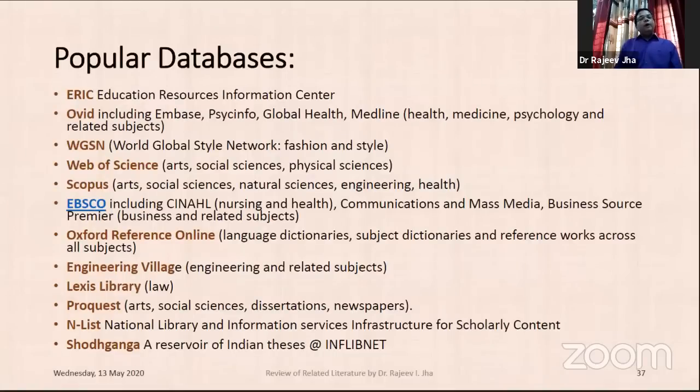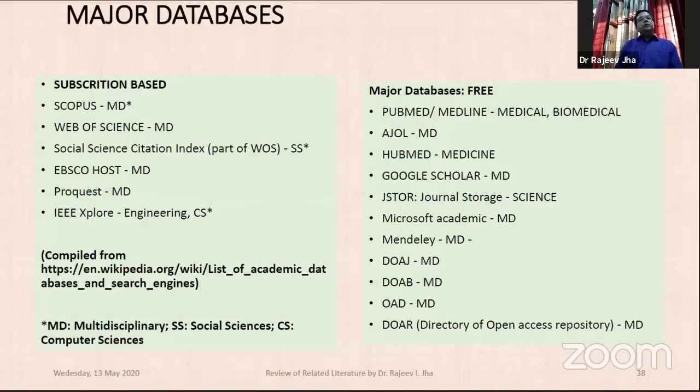There are various popular databases. Not all of them cater to education. They cater to different subjects, and many of them do cater to social sciences, including education. Next slide. The major databases that you find are subscription-based or free.